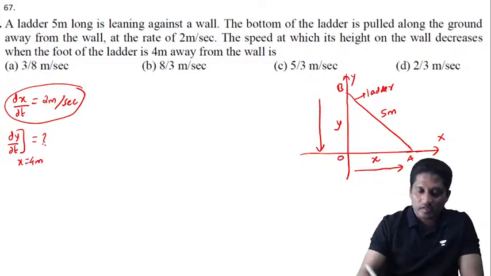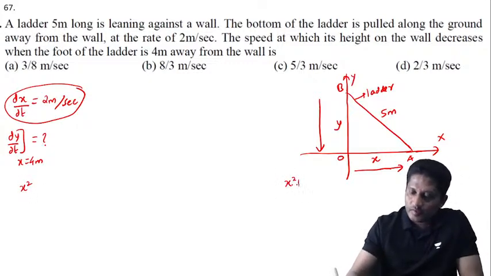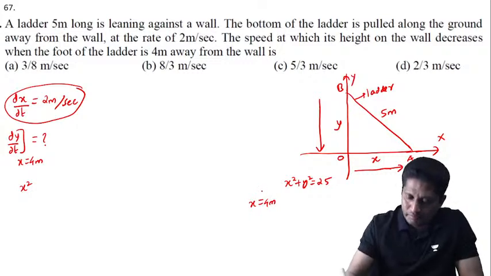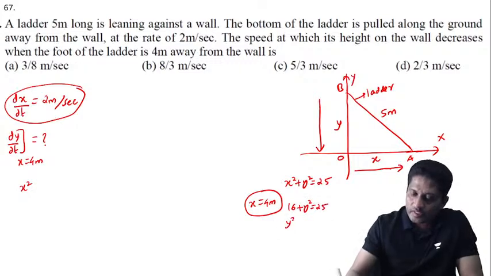Right, now if I use Pythagoras theorem here, x square plus y square is equal to 25. x is equal to 4 meter given. So 16 plus y square is 25. y square is 9. y is equal to 3 meter.